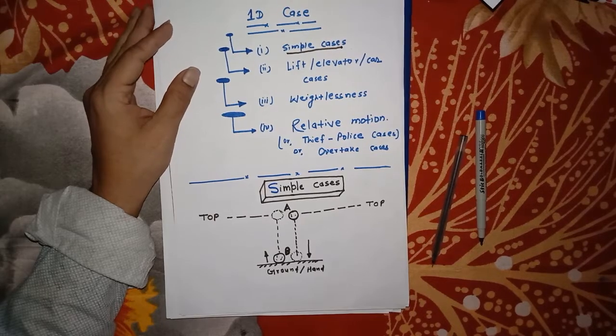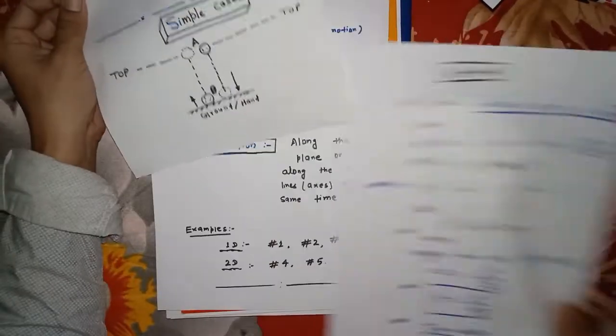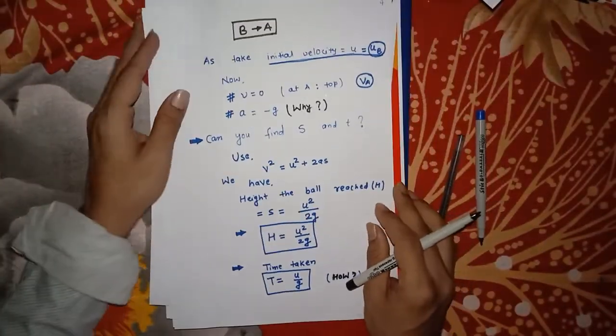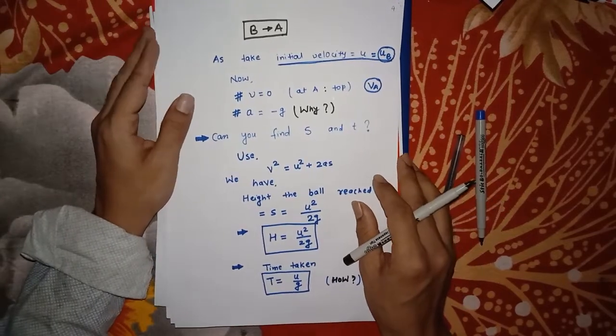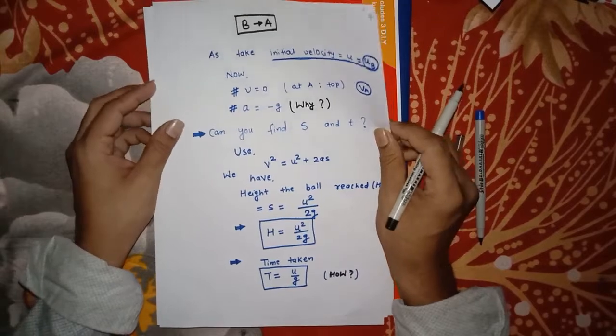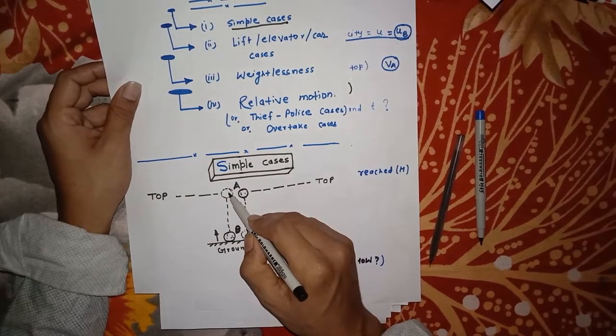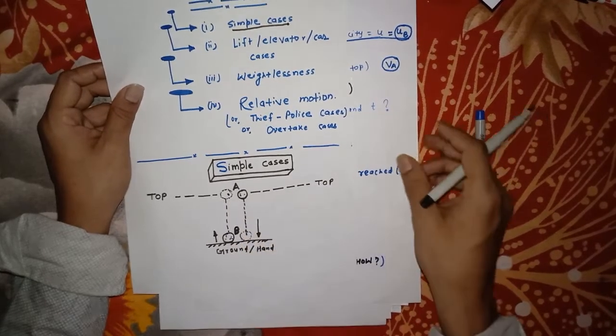So in this motion, what do you think about it? From B to A, meaning from your hand to the topmost point, what information can you get?